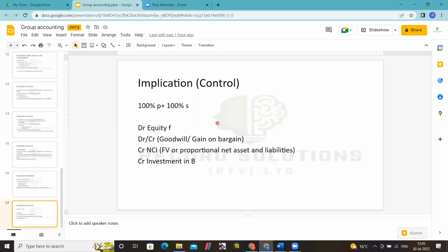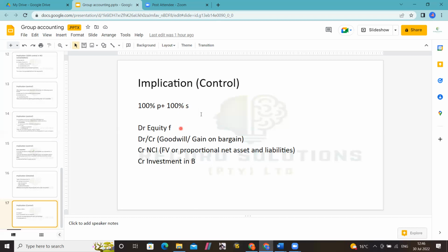Eliminate. That's what you do first. Why? Because of this principle: you cannot invest in yourself. Those two entities, A and B, are now the same entity, and it's very impractical to have equity in here. You can have assets and liabilities, but not equity. You can't invest in yourself.